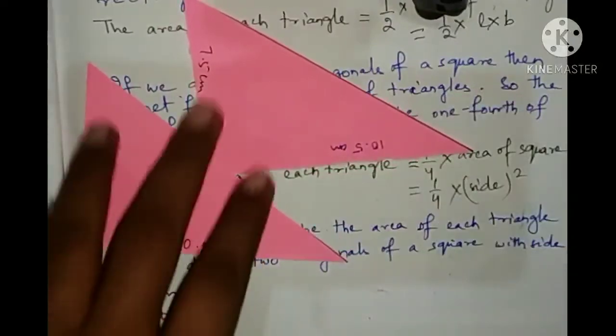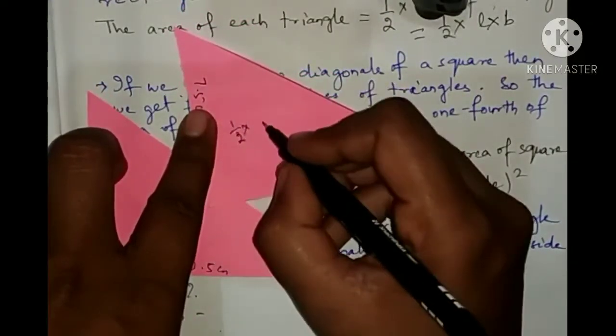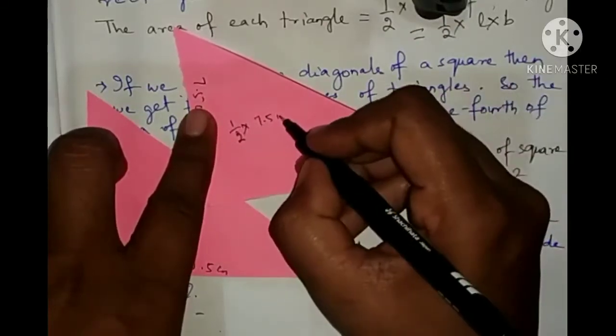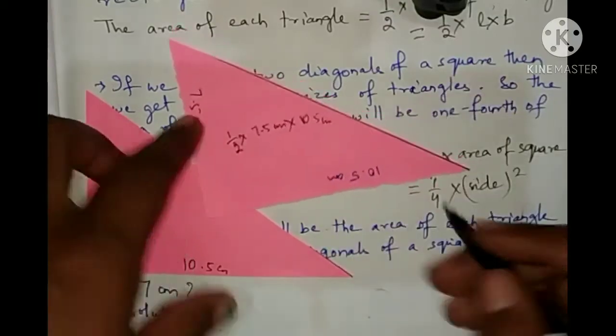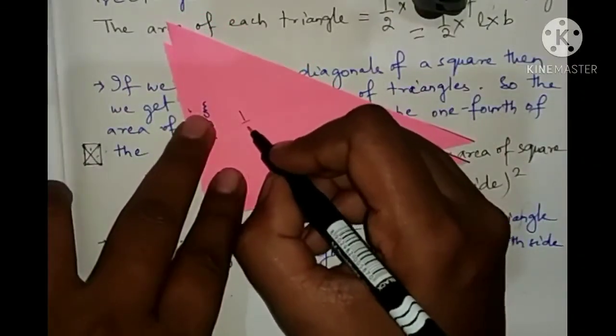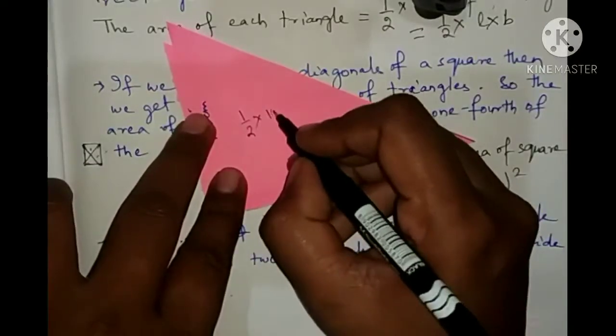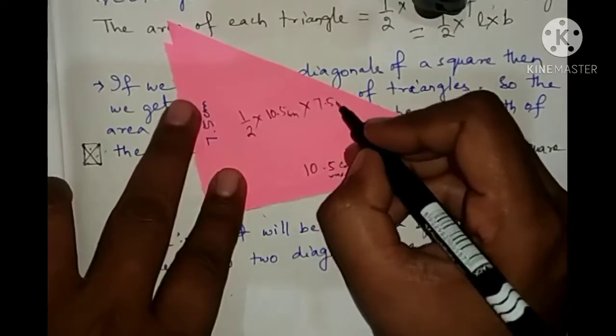What is it? It is half into length into breadth, half into 7.5 centimeter into 10.5 centimeter. Like that you can find the area. Half into length, which is 10.5 centimeter, into breadth, which is 7.5 centimeter.